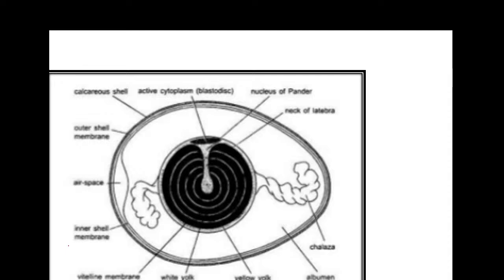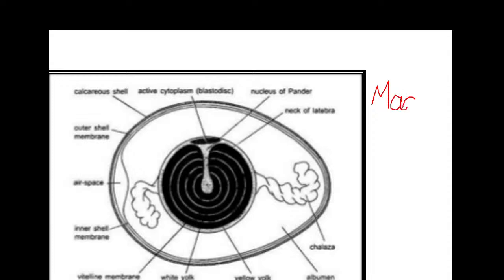This is the structure of the egg. You have to learn the structure of the egg, meaning the egg of birds. We have learned the bird's egg, or the avian egg, is a macrolecithal egg. Macrolecithal means an egg with a large amount of yolk.